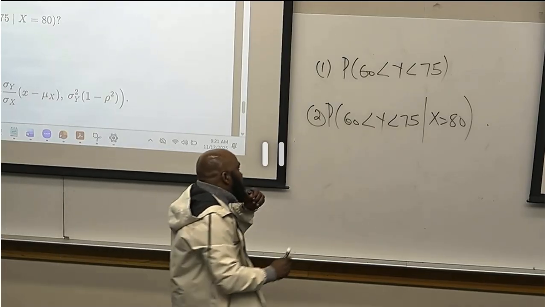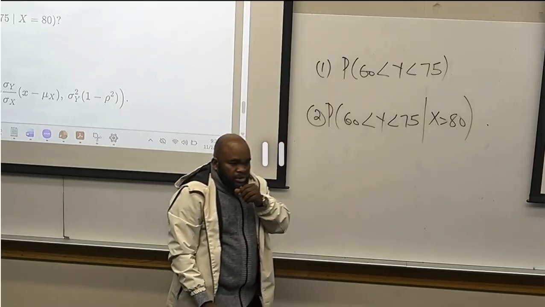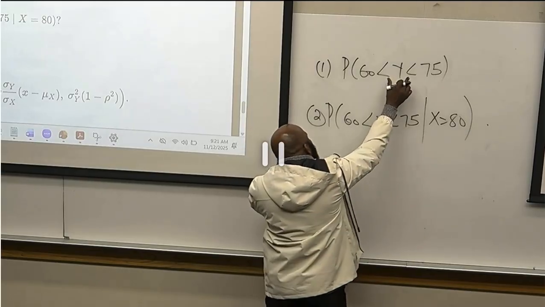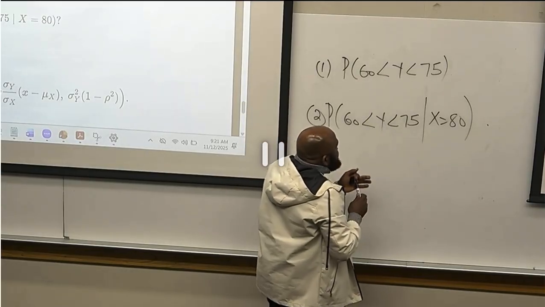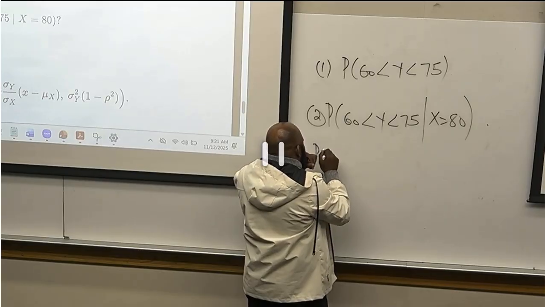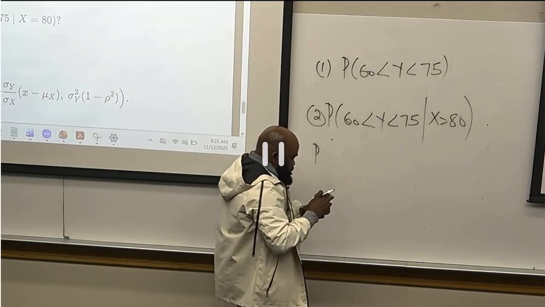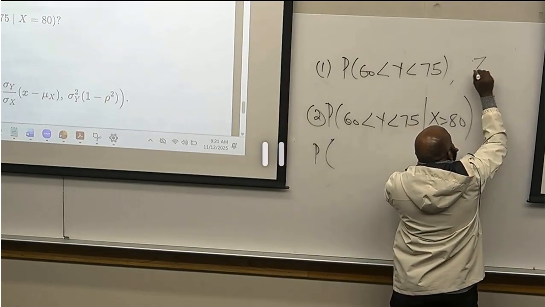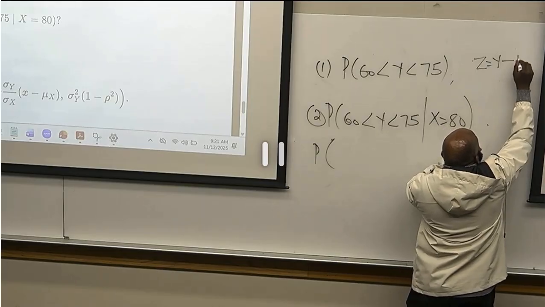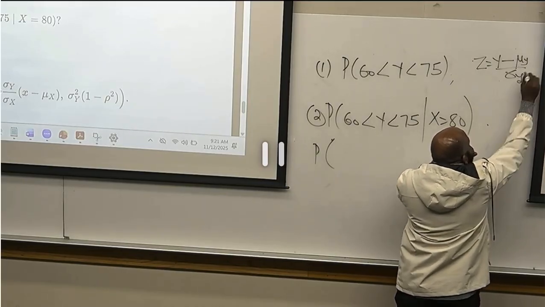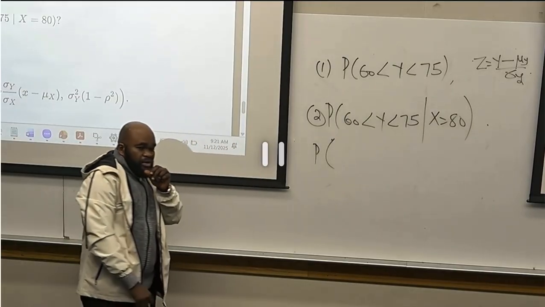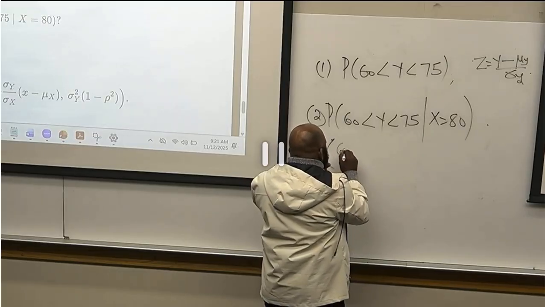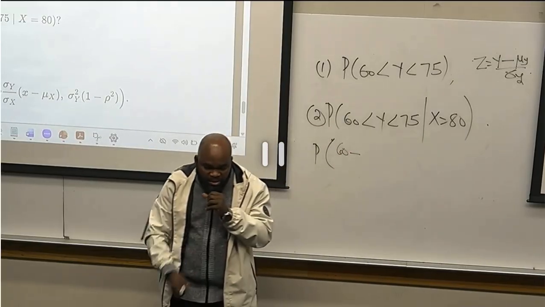If I want to figure out the unconditional one, we need to standardize. Of course, you know what we normally do: Z is Y minus the mean of Y, divided by the standard deviation of Y. So 60 minus, what was the mean given?